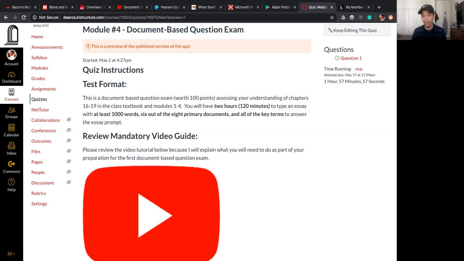So you got to do a lot of things here, guys, right? You have to write a 1,000 word essay minimum, okay? And then on top of that, use effectively. The key word here is effectively, right? 6 out of the 8 documents I assign. And then last but not least, right? Use the key terms as part of your analysis, okay? To tell a comprehensive story.